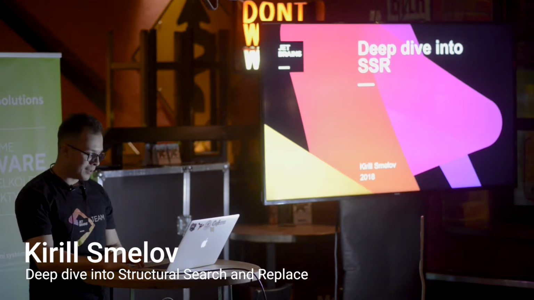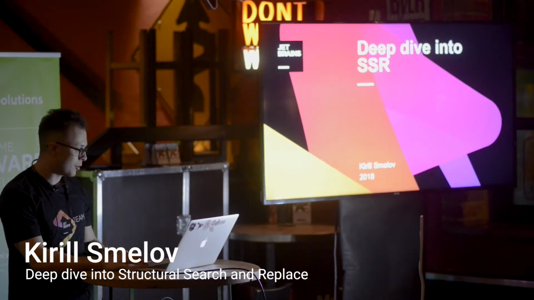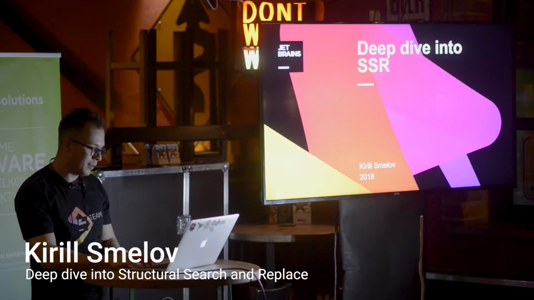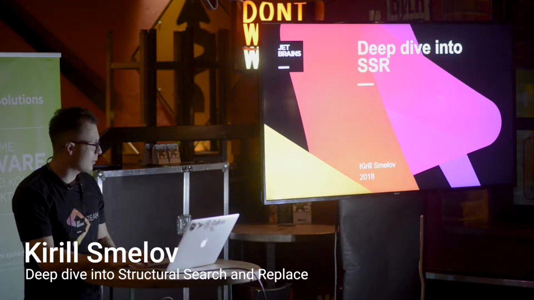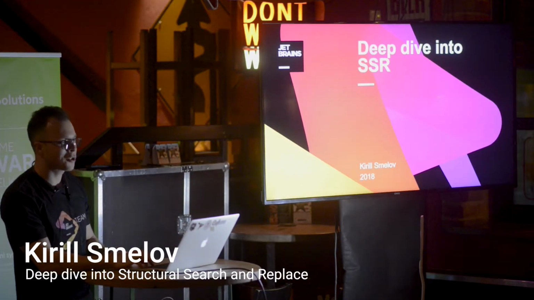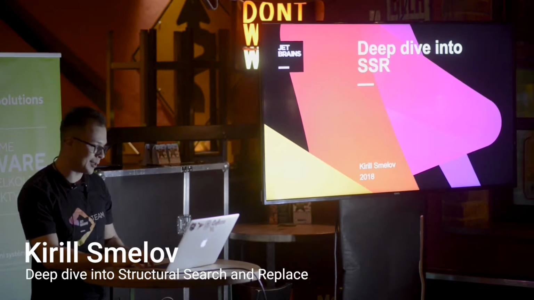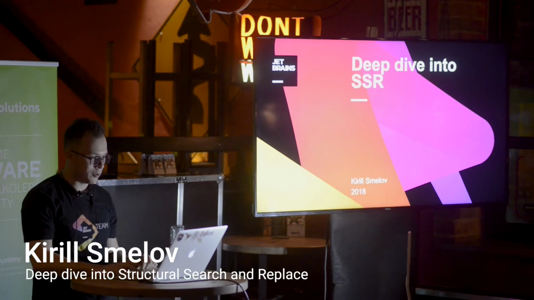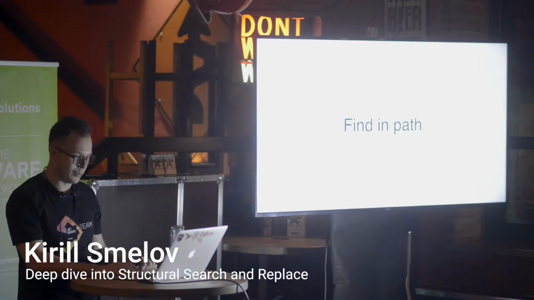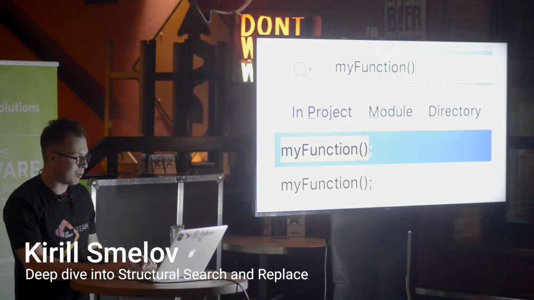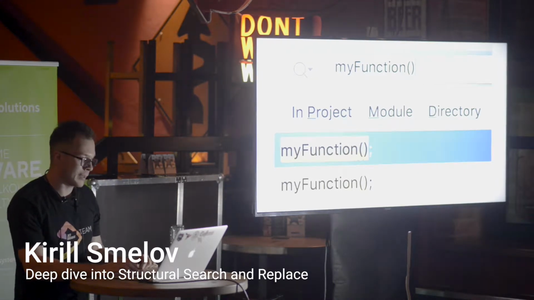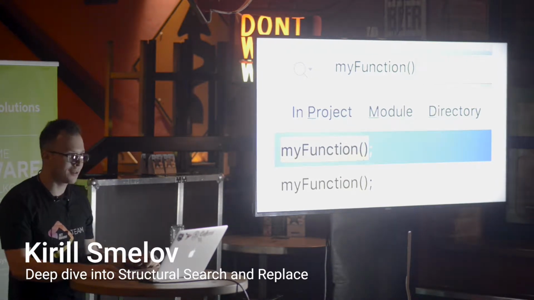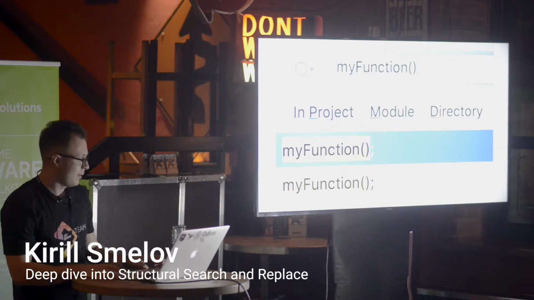One day I decided to search for a specific code pattern: a function call with 0 arguments, to find some deprecated calls. So I used the find_path facility for that, and I wrote something like this: white space, my function, and a couple of parentheses.